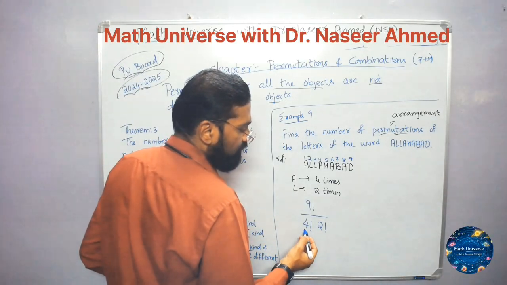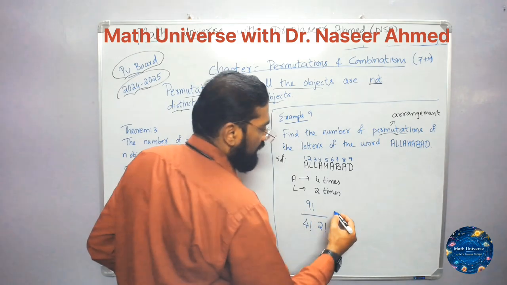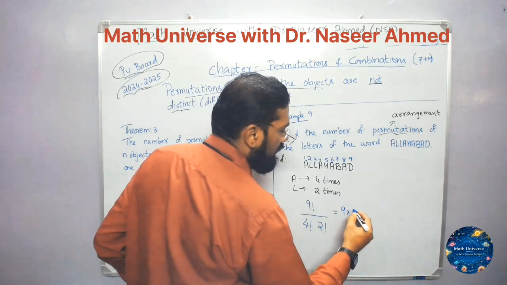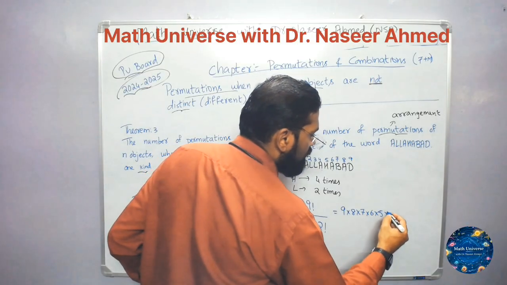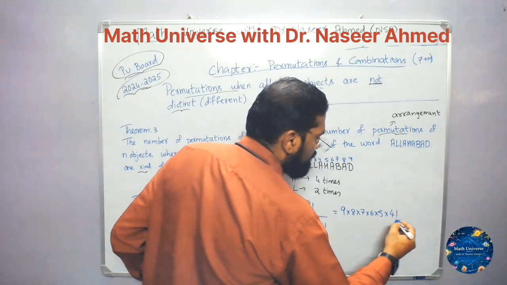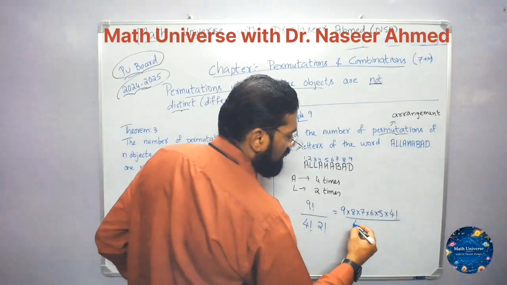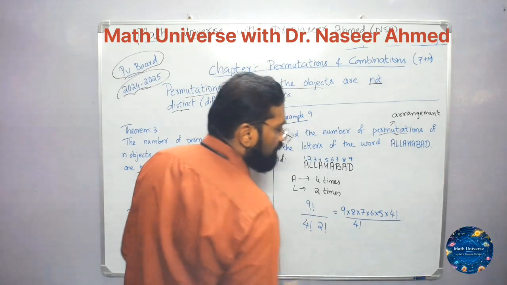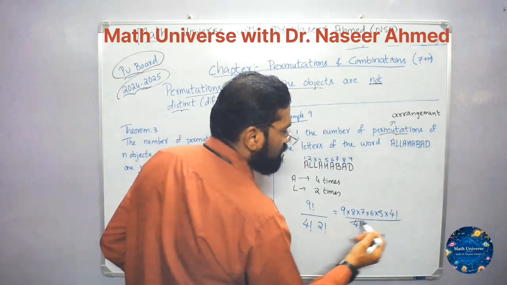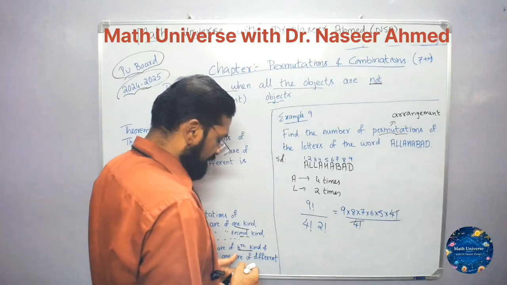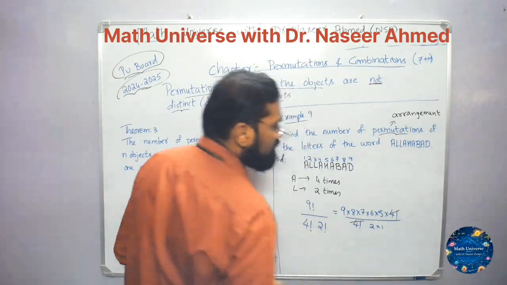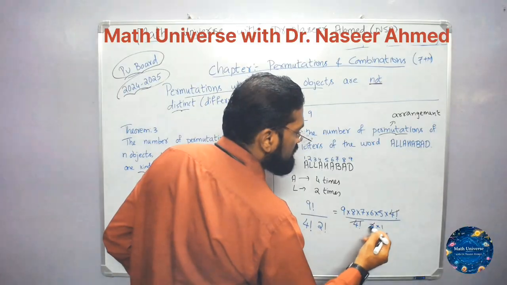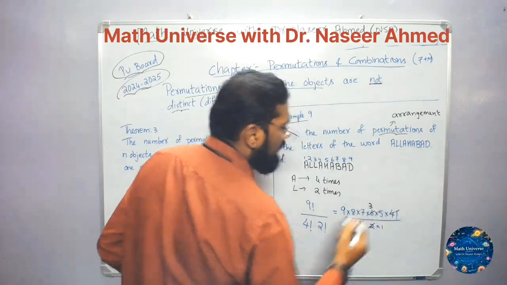See carefully, here we have 4 factorial, so we can write 9 factorial as 9 into 8 into 7 into 6 into 5 into 4 factorial, the whole divided by this 4 factorial. I purposefully stopped here so that we can cancel 4 factorial very easily. Then 2 factorial is the same as 2 into 1.